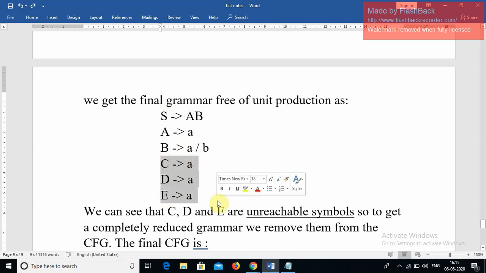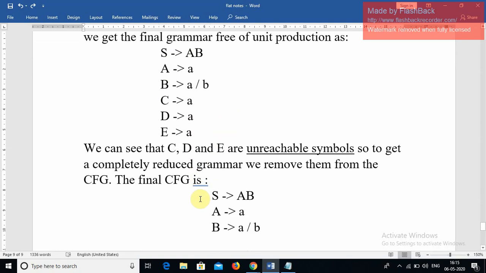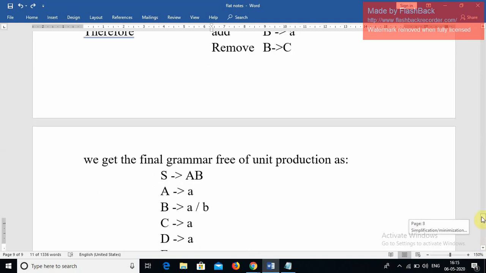In useless symbols we discussed non-reachable symbols, which means those we cannot reach from the starting symbol. We can reach only A, B from S, not C, D, E. So we can remove them. So finally we get this grammar, which is a minimized grammar. So that is about minimization of a grammar.